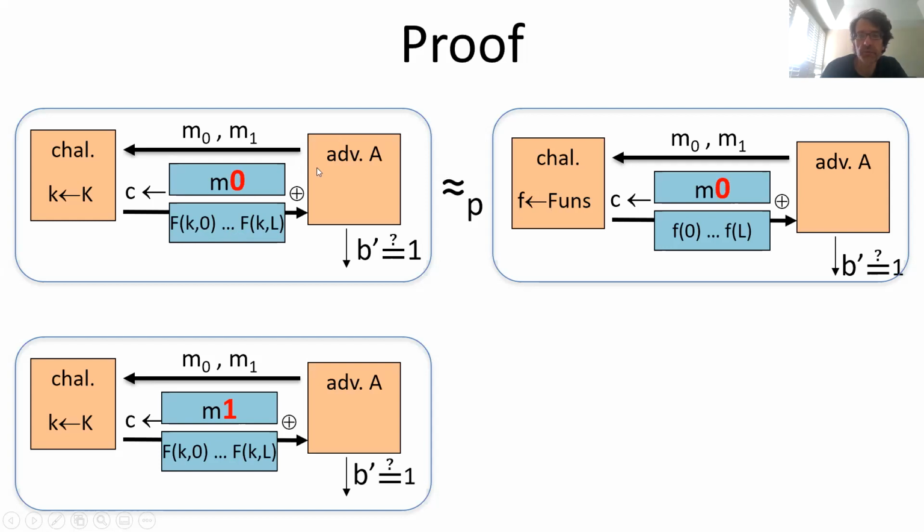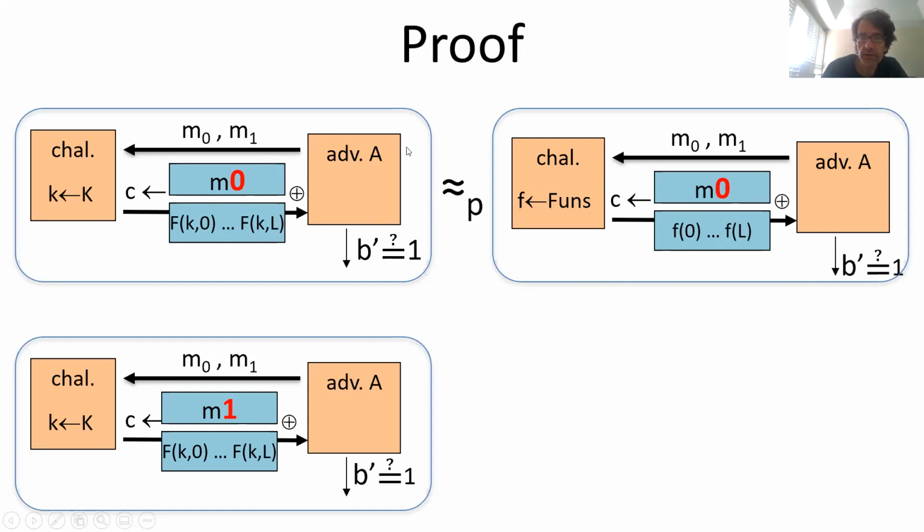If there is a distinguisher between this type of ciphertext and this type of ciphertext, where here I replace this PRF with a true random function, and these cipher blocks are M0 XORed with consecutive outputs of this real random function on consecutive integers.